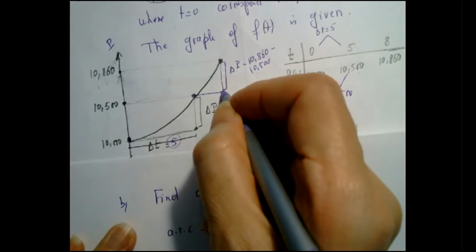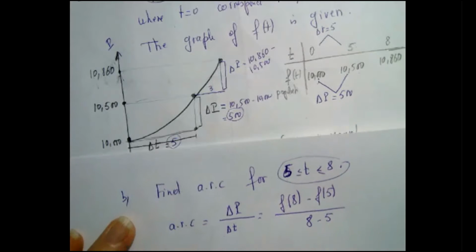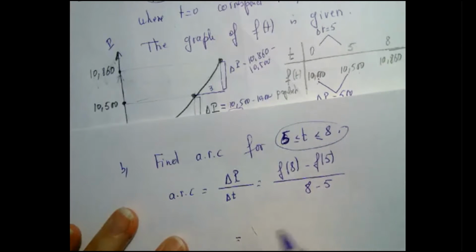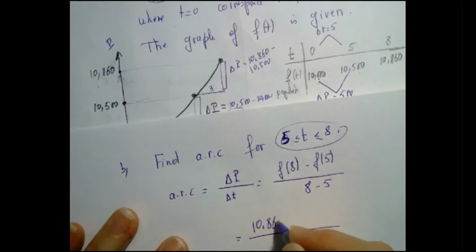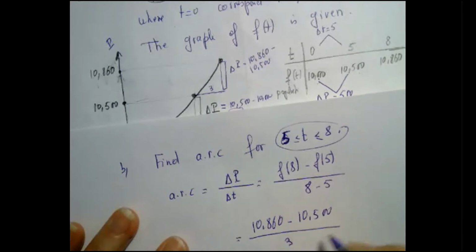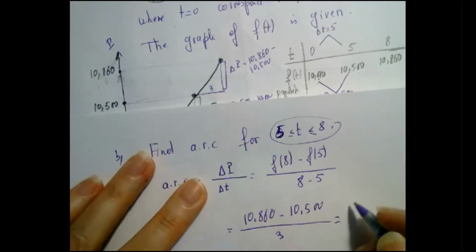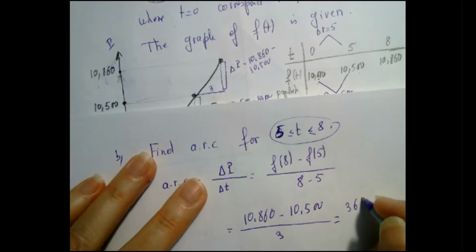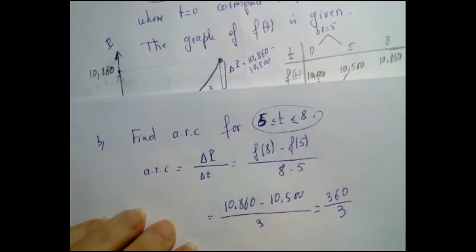Between 5 and 8, the time it took is 3, so divided by 8 minus 5. So this is going to be equal to 10,860 minus 10,500 divided by 3. I try to pick easy numbers. 860 minus 500 gives me 360, divided by 3. It means 120.